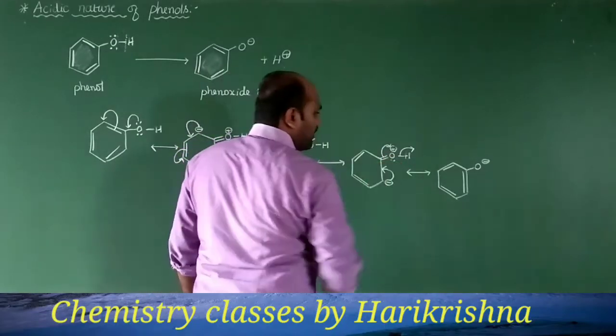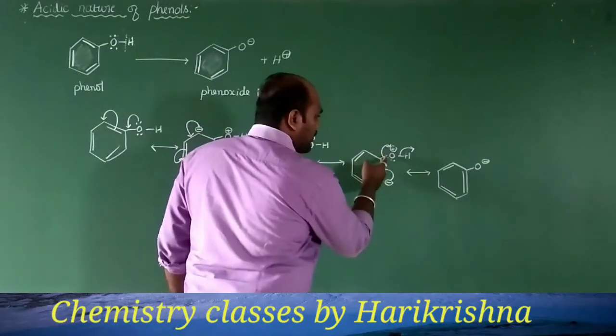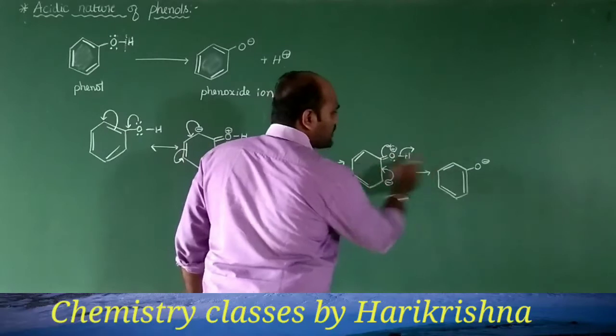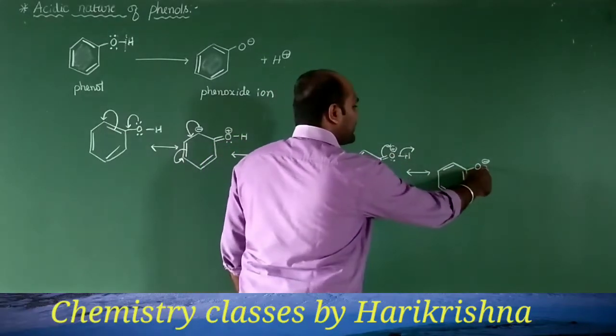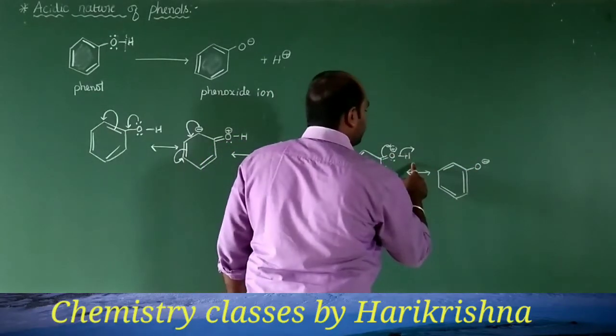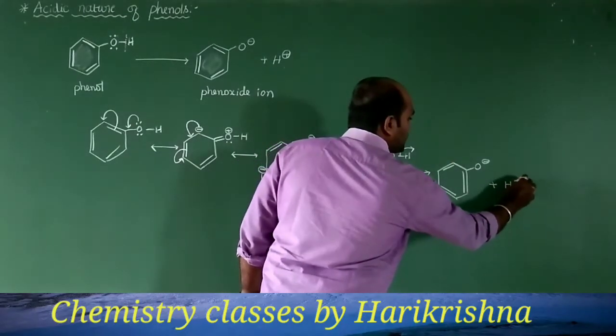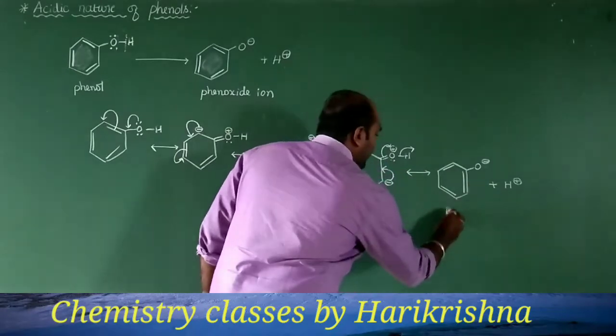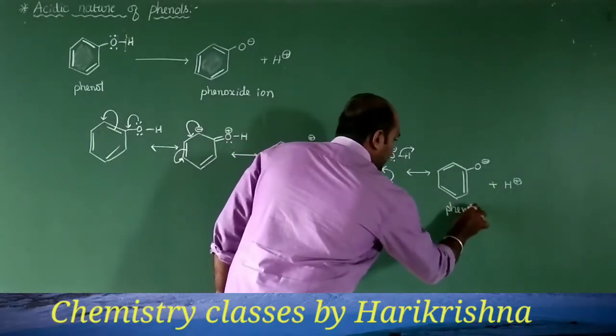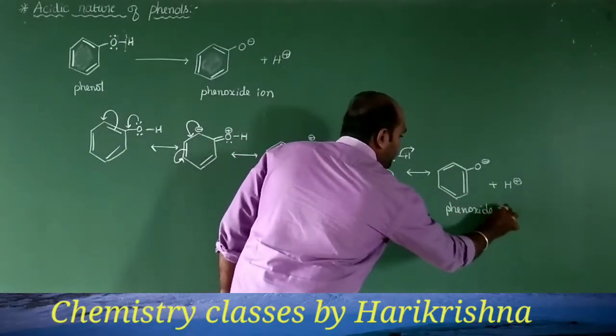Because we have one lone pair of electrons as it is, due to shift of this pi electron density onto oxygen, there occurs excess of electron density, and so H is coming out as H plus by creating phenoxide ion.